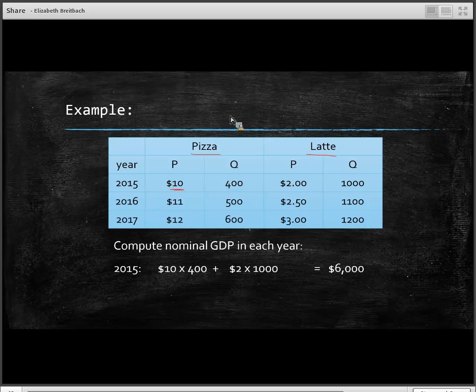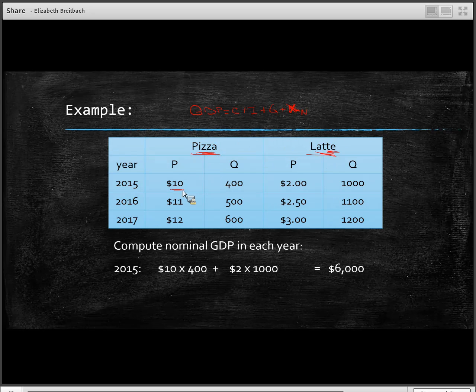We know that GDP includes all of those components, the C, plus I, plus G, plus those net exports, and I think actually in the textbook, it's XN, but we add all those components up. We're just going to assume that our economy only produces and consumes two goods. And so we're going to simplify this equation into just pizza and lattes.